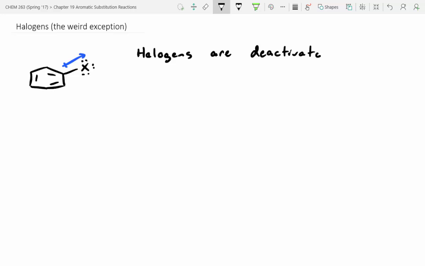Meaning the reaction is slower than pure benzene. However, you can draw resonance structures where it's pushing electron density into the system. So even though it's a deactivator, it's going to be an ortho-para-director.